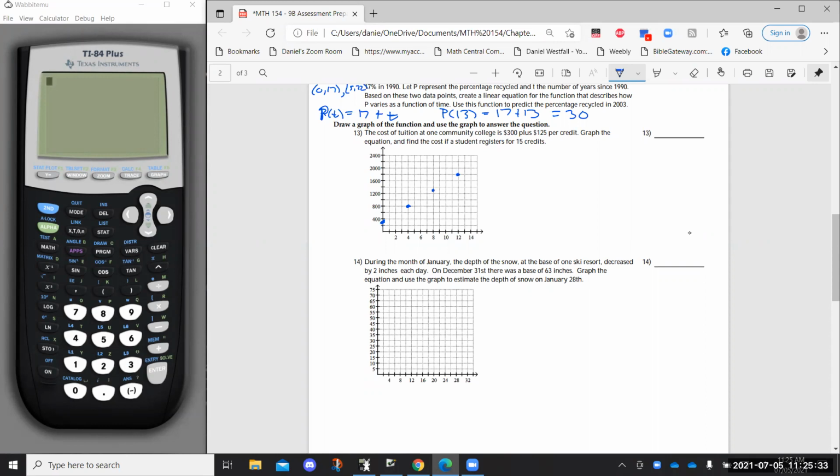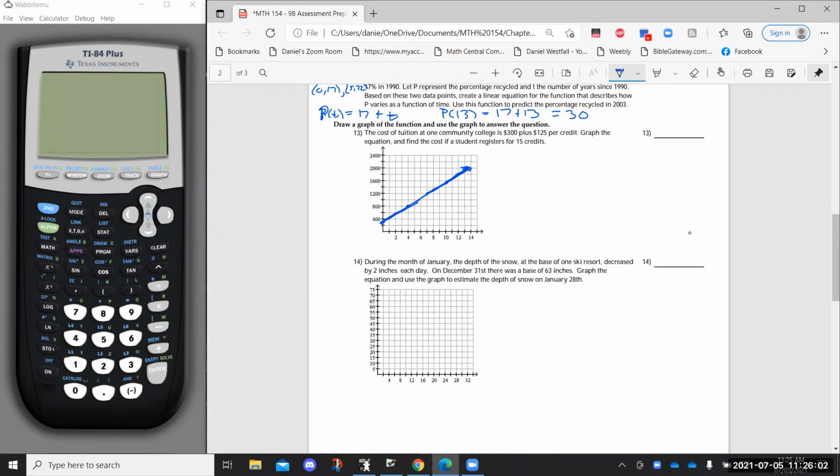I can't do any more, but the line should look like that. Should be able to do that. And then what's the cost if they take 15 credit hours?